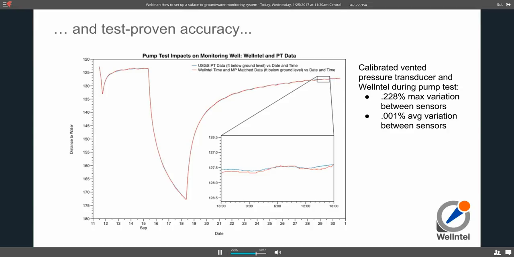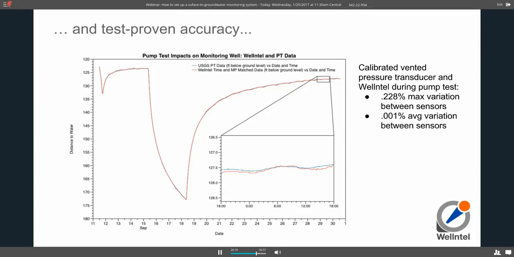Okay, so what you guys are looking at here is a direct comparison between a Wellntel well system and standard pressure transducer technology. This was a USGS pump test that was conducted here in Wisconsin at a site that was looking to draw water in high quantities from a deep aquifer.